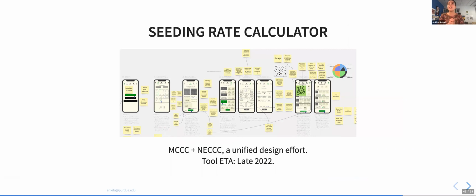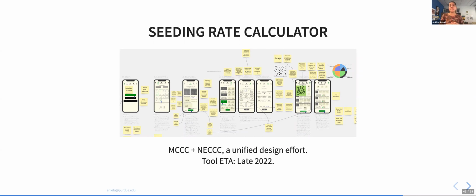This is a seeding rate calculator that we're currently working on. This is our medium fidelity mockup that goes through the workflow. A lot of work behind the scenes has gone into making sure we're guiding the user down the most helpful path, one that allows them to input their data in a way that makes sense.